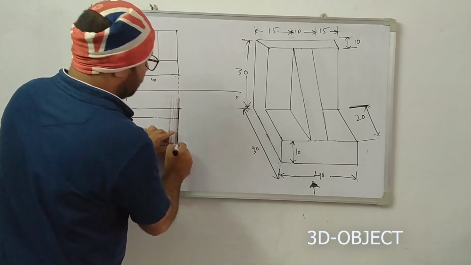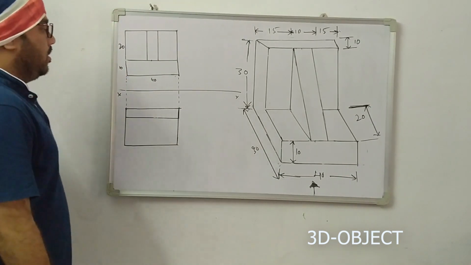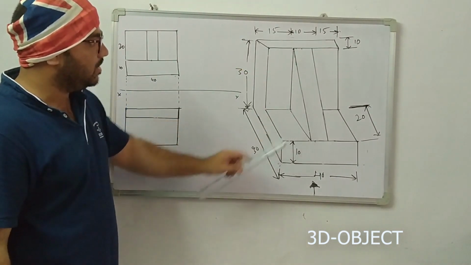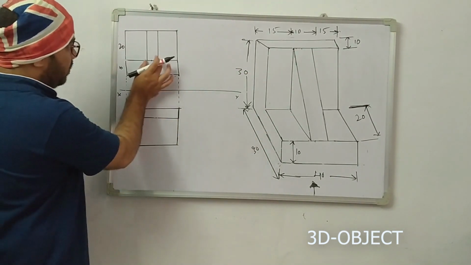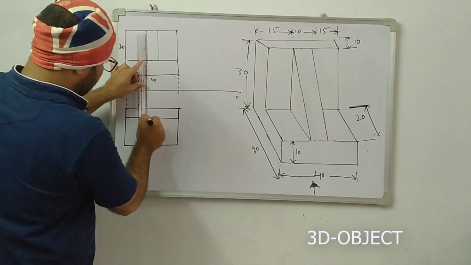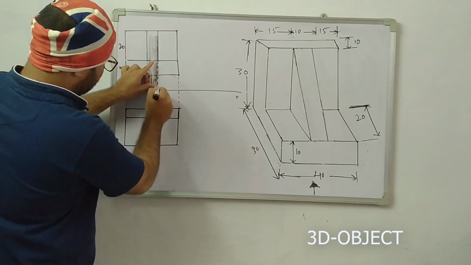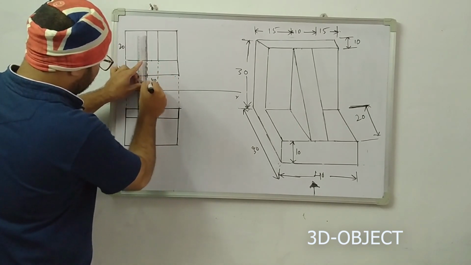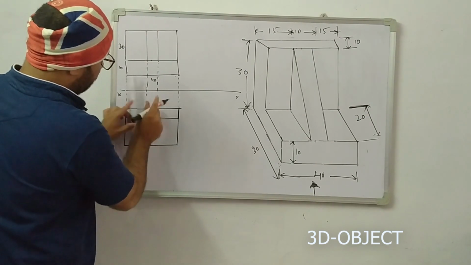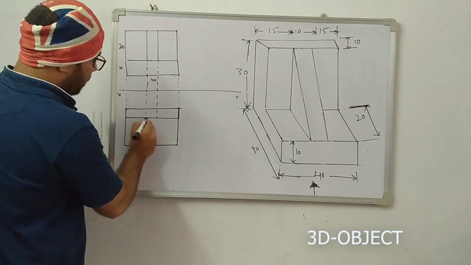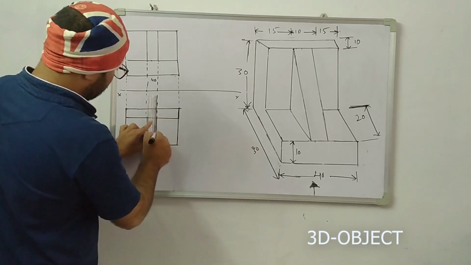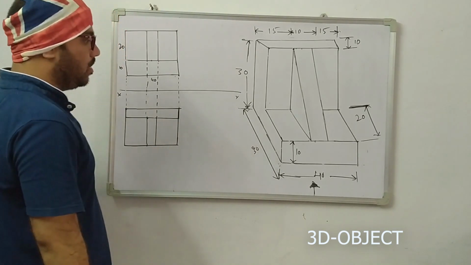Now here after 20, simply shift the projection lines exactly at this point and the other projection lines exactly here. From here onwards, draw this slant face. That's it. This is the top view.